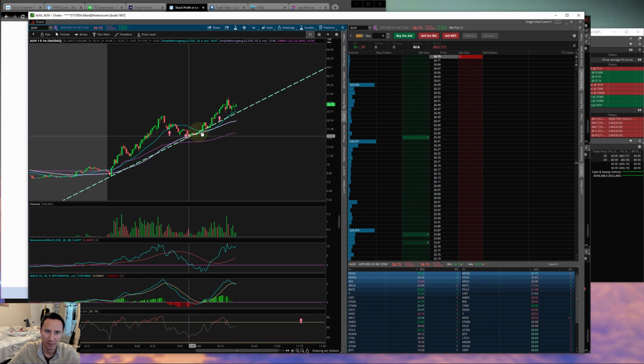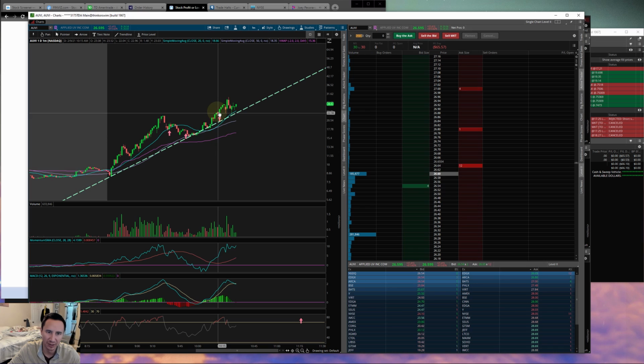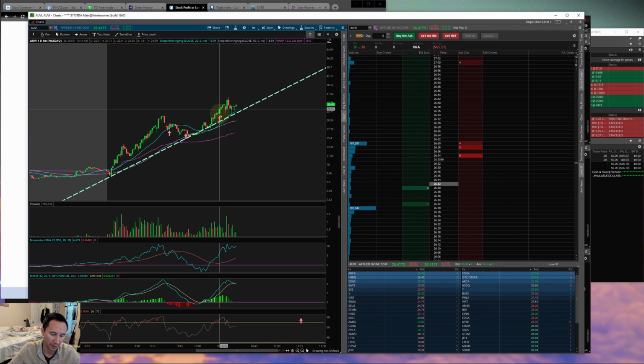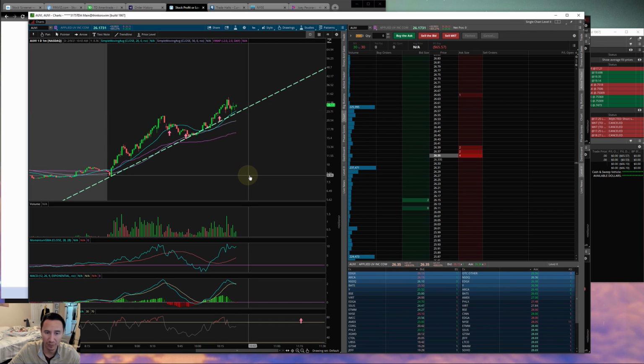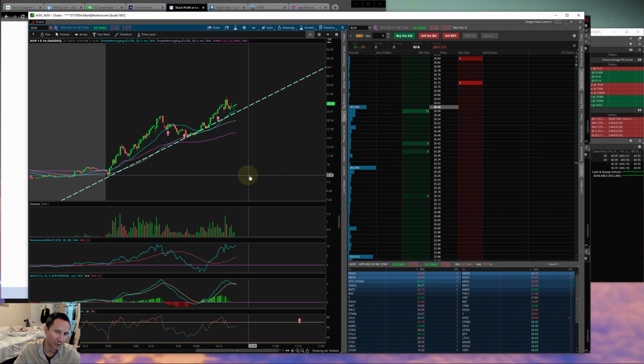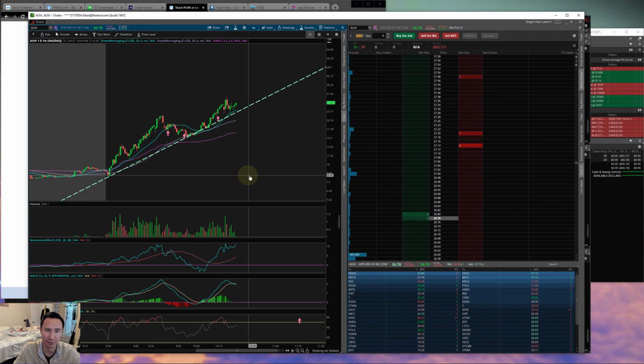So the length of time that I'm holding these is becoming longer, and the amount of shares that I'm holding is not necessarily the amount of shares, but just the dollar amount per trade is increasing, as well as how long I'm holding them. And that's how I'm going to start showing some actual profits.